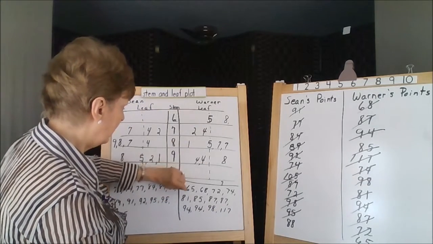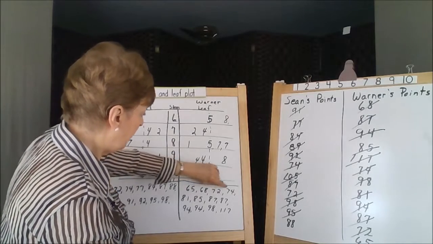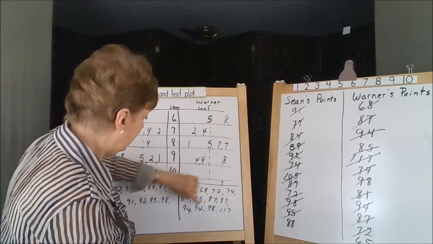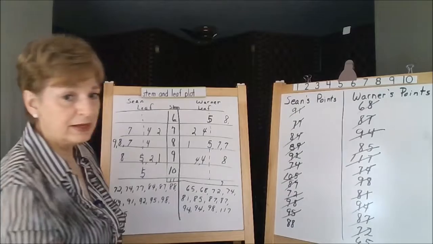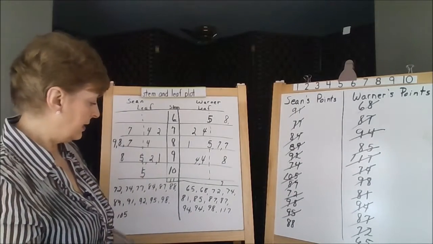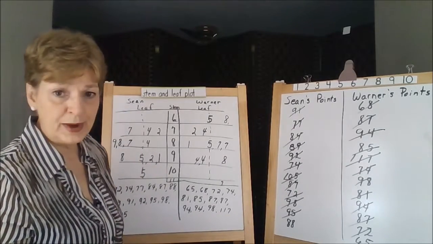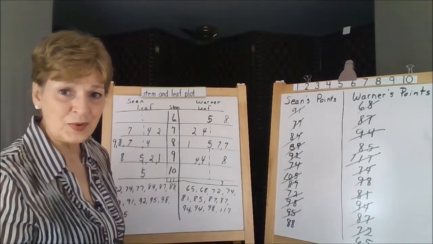There are 12 on Warner's as well: 1, 2, 3, 4, 5, 6, 7, 8, 9, 10, 11, 12. So our data now is complete and it's arranged in correct order.